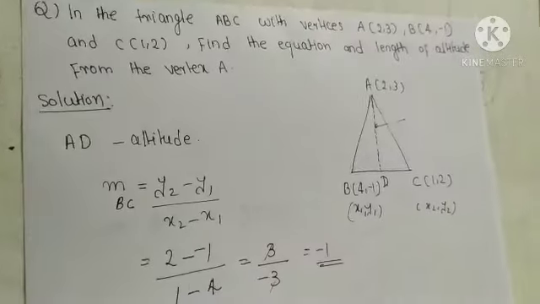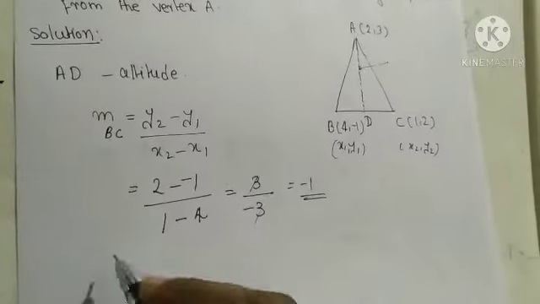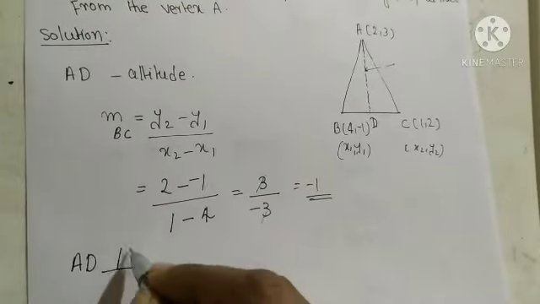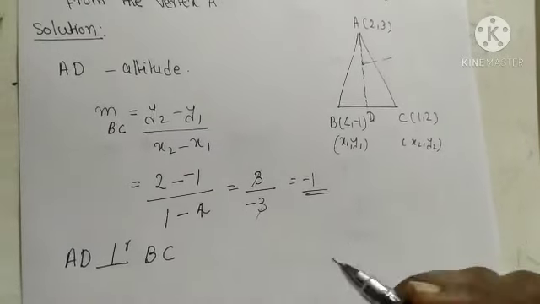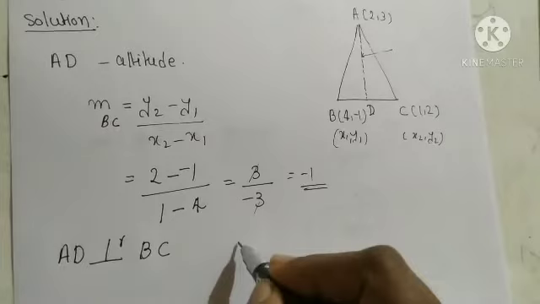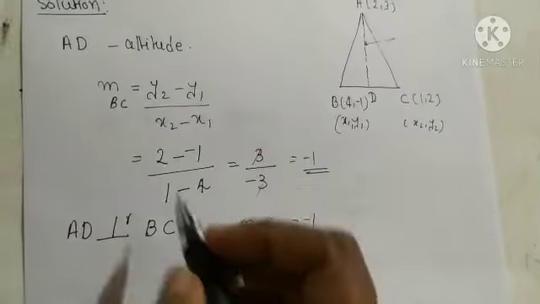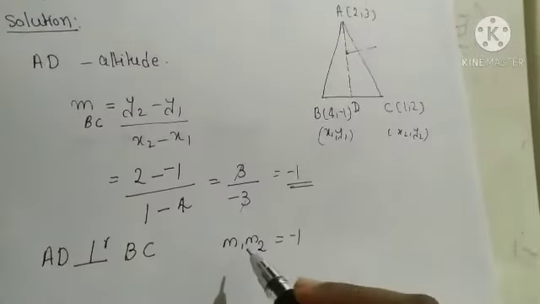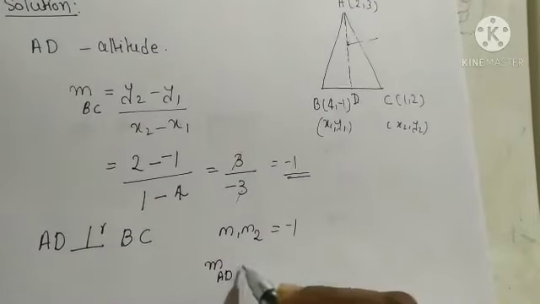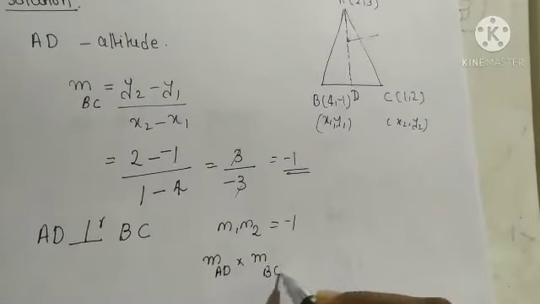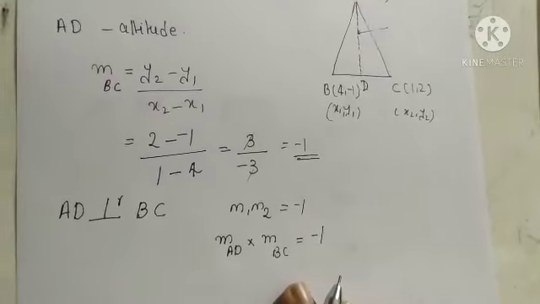Given that, we know that AD is perpendicular to BC. If 2 lines are perpendicular, the product of their slopes must be equal to -1. So I'm going to write slope of AD into slope of BC must be equal to -1 if they are perpendicular.